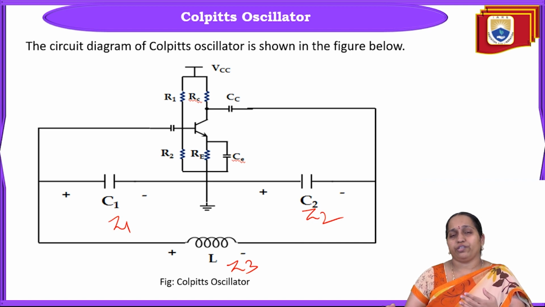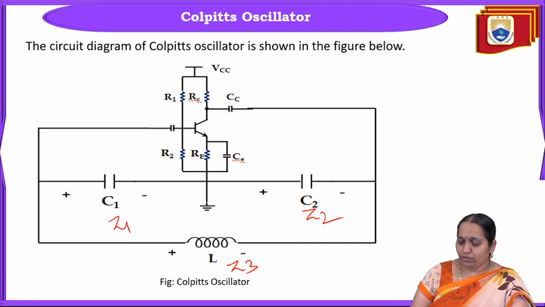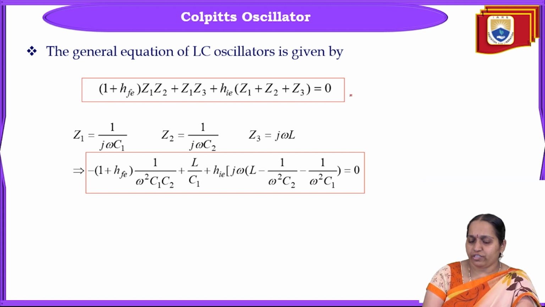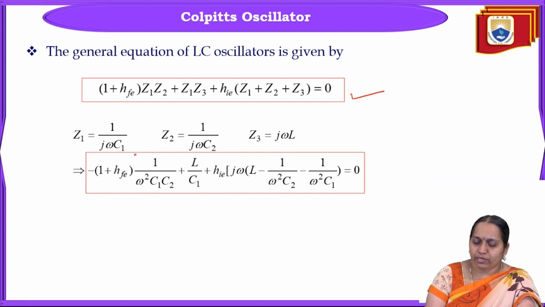For that, what we do generally is go for the general equation of the LC oscillator. As we have seen, this was the general equation. Now I'll substitute Z1 equal to 1 by j omega C1, Z2 equal to 1 by j omega C2 and Z3 equal to j omega L. Substituting all these three values in the above equation, on simplification you will get minus of 1 plus HFE into Z1 Z2, which is 1 by j omega C1 into 1 by j omega C2.